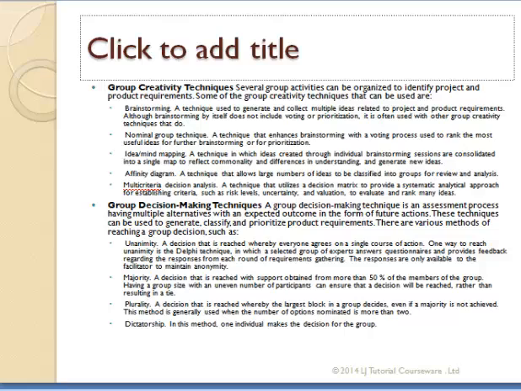In majority, after there is a vote, the idea that has the highest vote is the one that gets implemented. Then we also have plurality. This is where the decision is reached based on the largest block in the group, and we have dictatorship, where one individual makes the decision for the group.